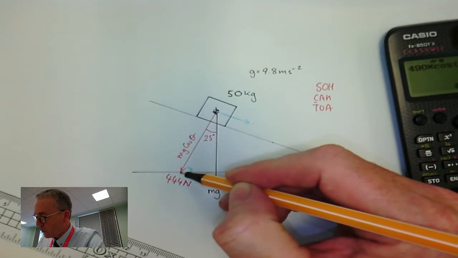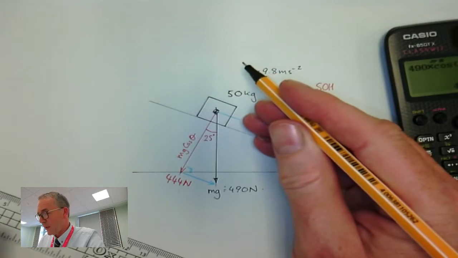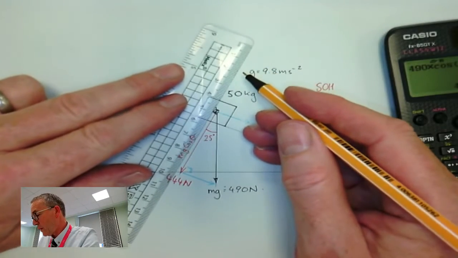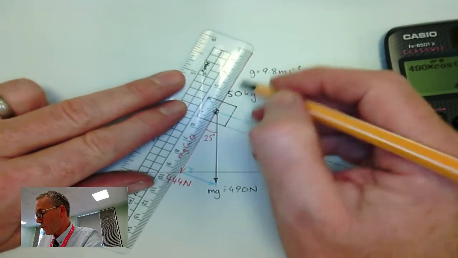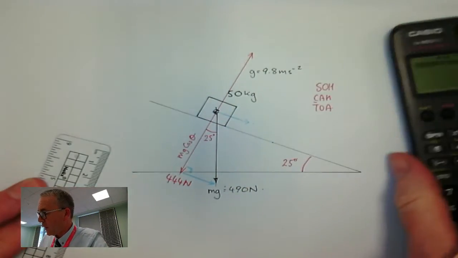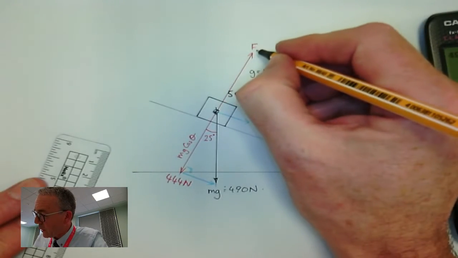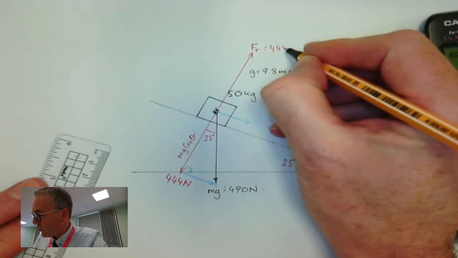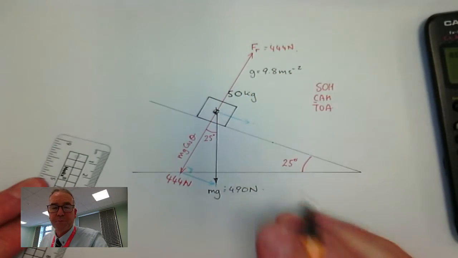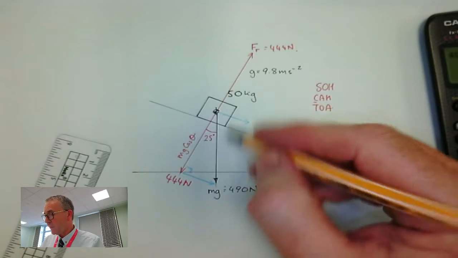So if there's 444 newtons in that direction, there must be 444 newtons in the opposite direction, because it's in equilibrium. This is sometimes referred to as a reaction force or a resultant. I'm going to label it FR, 444 newtons.